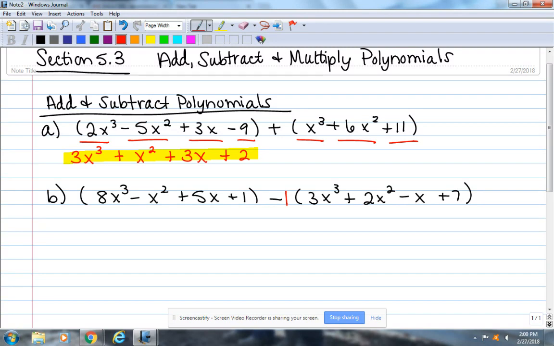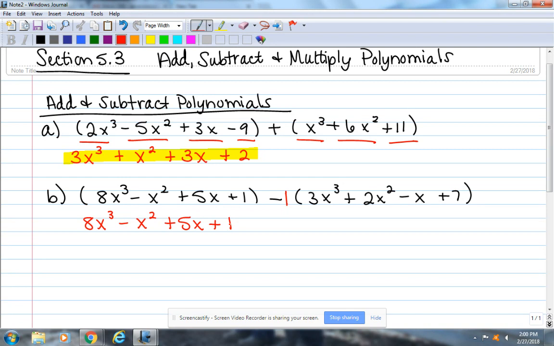So it means I'm going to copy the first polynomial just like it says. I'm going to drop the parentheses though. So do not change the first one. Copy it just like it says. And if it's a subtracting polynomials problem, the second one you're going to change all the signs.